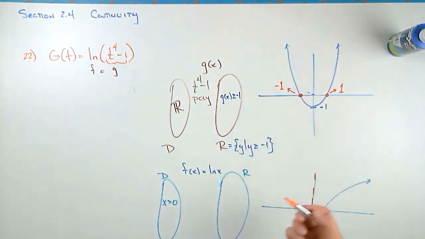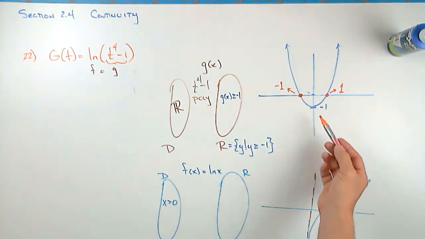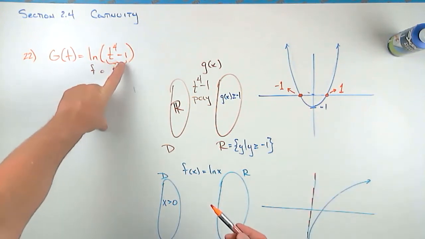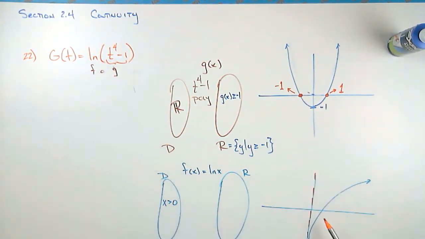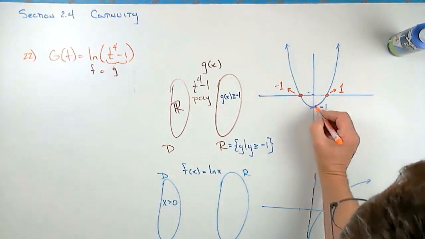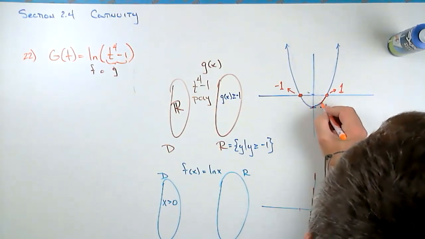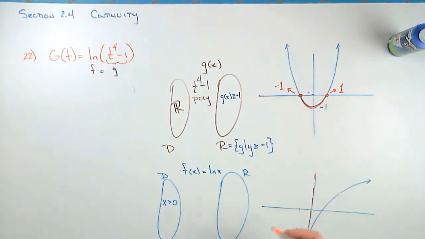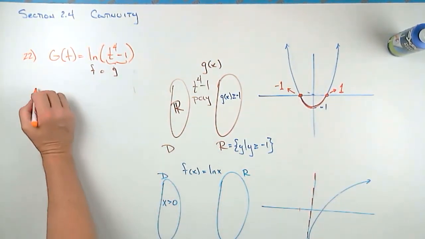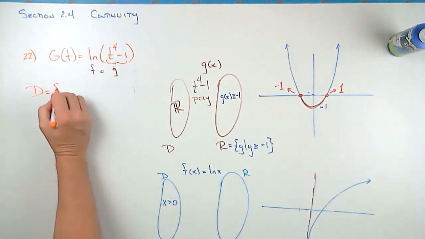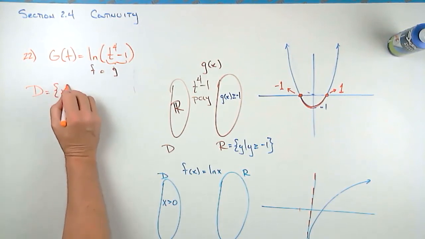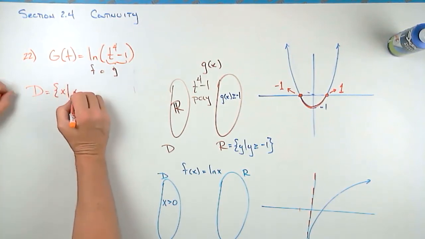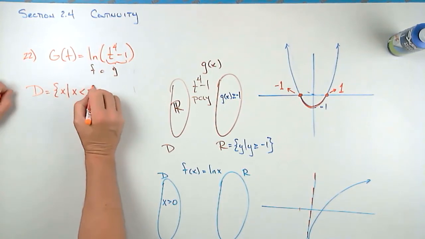Well, what happens if we plug in a 0? 0 to the fourth is 0, minus 1, negative 1. You can't take the natural log of negative 1. Negative 1 is not in the domain. So this is a bad number. In fact, all of these numbers right here are bad. So the domain of this function is the set of x's such that x is less than negative 1.